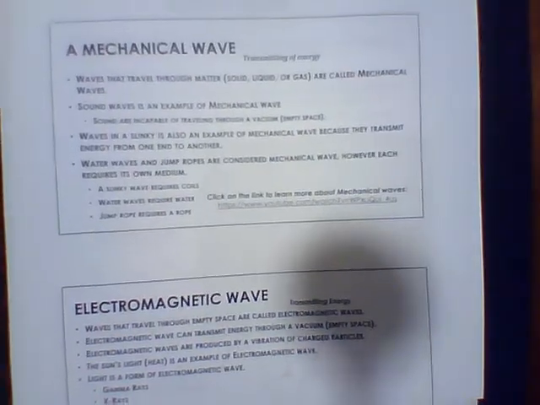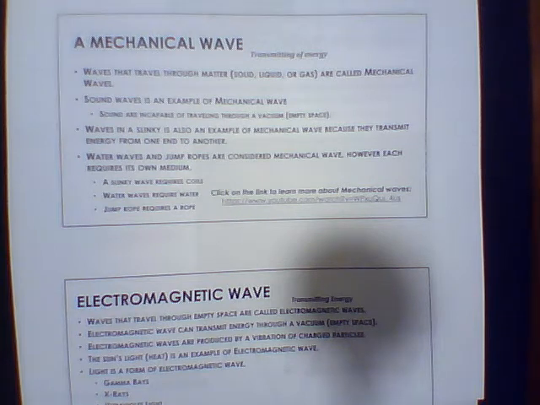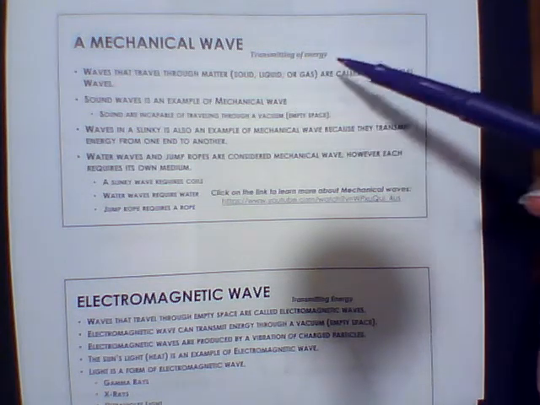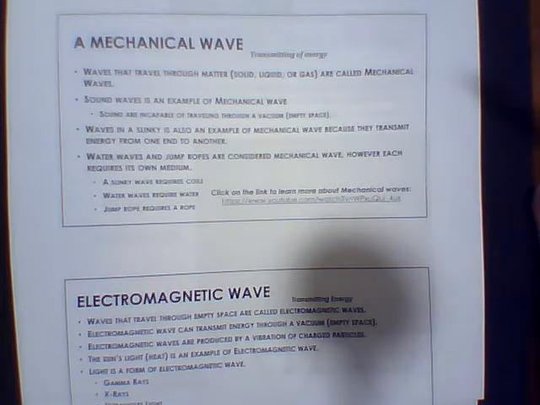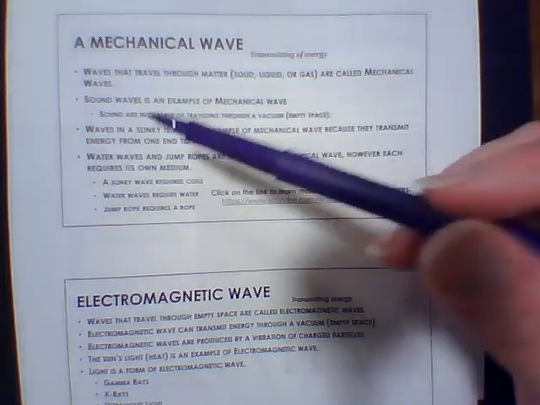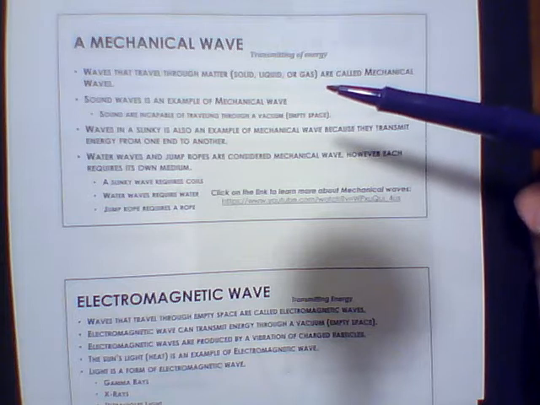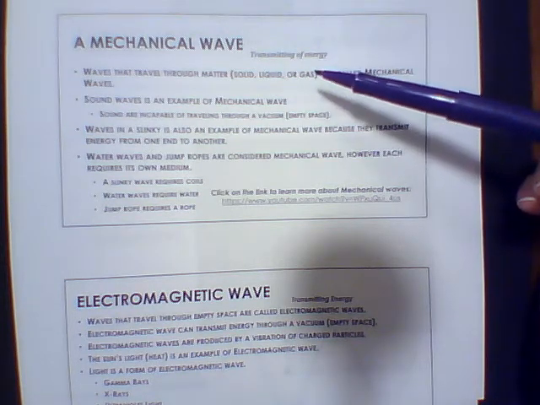So let's go ahead and talk about the first type of wave. The first type of wave is called mechanical wave, and that usually travels through matter. Matter is usually a solid, liquid, or gas. Sound wave is an example of mechanical wave. Mechanical waves are incapable of traveling through empty space. So it has to travel through one of these types of matter.